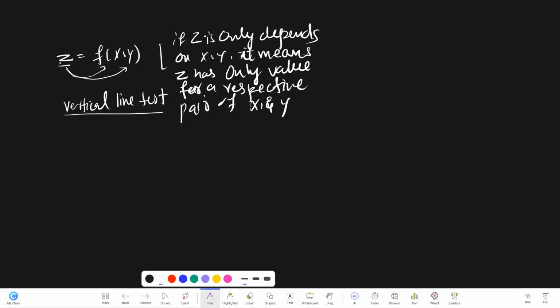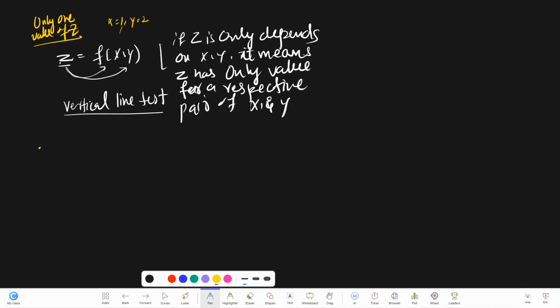Okay, so let's suppose I give you x equals 1, y equals 2. If you plug it into the function, you only get one value, only one value of z should be obtained. If it's not, it means z is not a function of x and y. It has some other things going on.